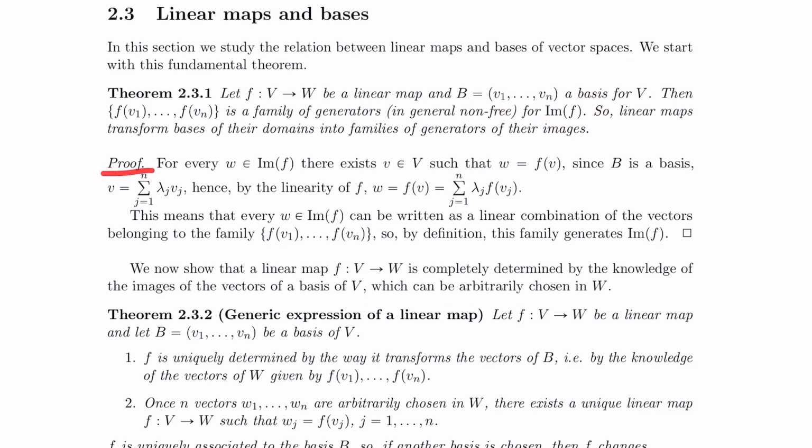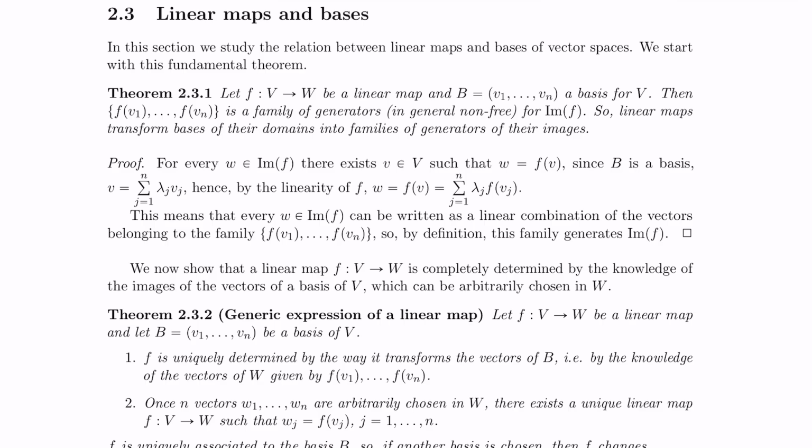The proof of the theorem is very easy. In fact, for every vector w belonging to the image of F, there exists a vector v belonging to V such that w can be written as the image of v by F. But since B is a basis, we have that the vector v can be written as a linear combination of the basis vectors, these ones here, through some coefficients lambda j written here.